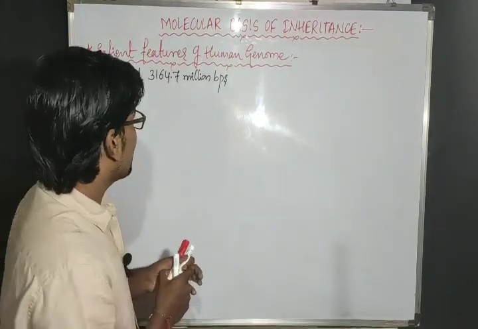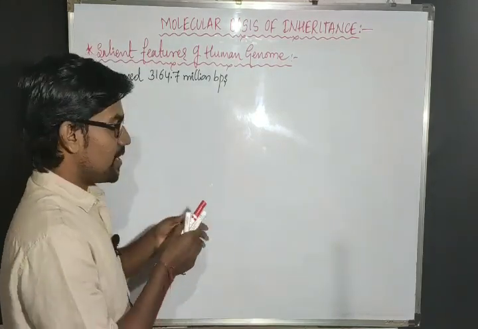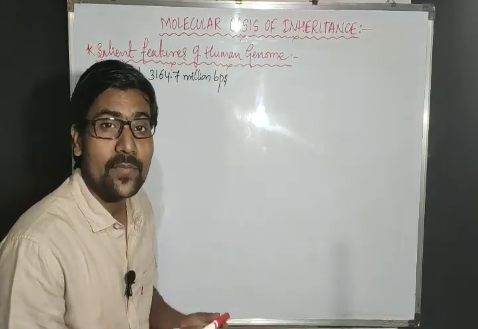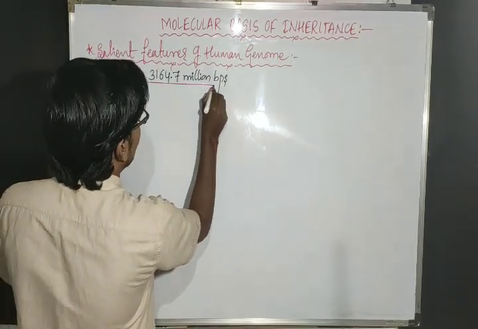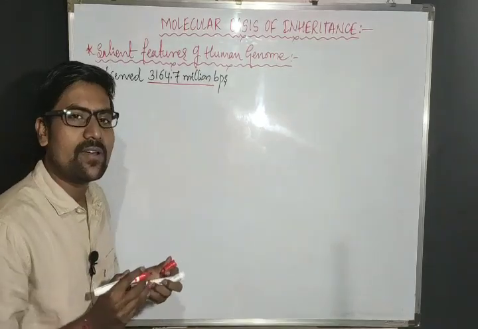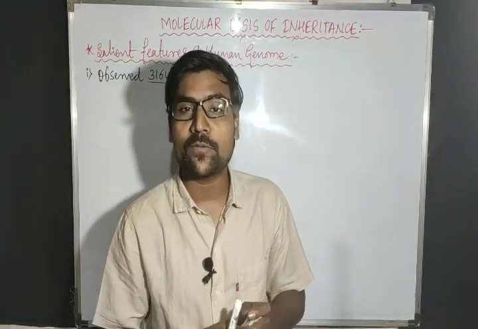They sequenced how many base pairs? 3164.7 million base pairs. This many base pairs they sequenced.